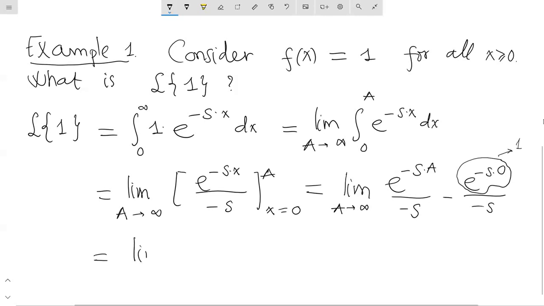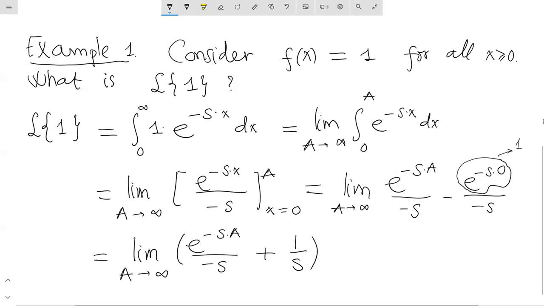So essentially, we have the limit as a goes to infinity of e to the minus s times a over minus s. And here, minus, two minus signs becomes plus 1 over s.